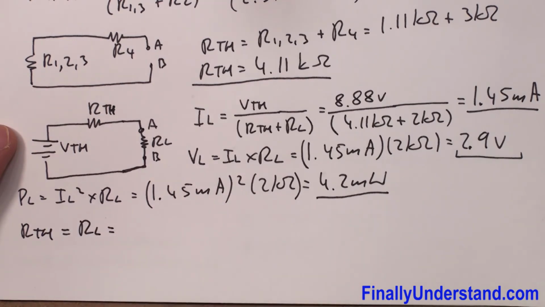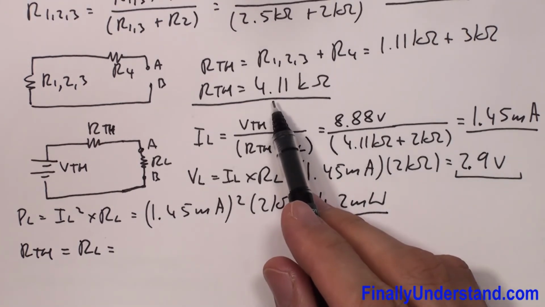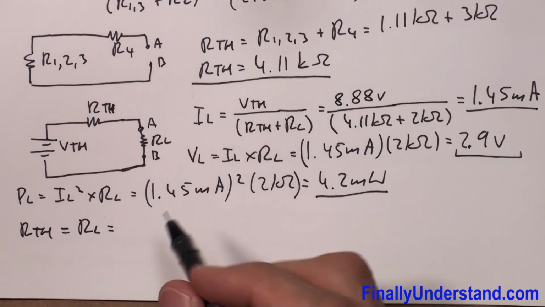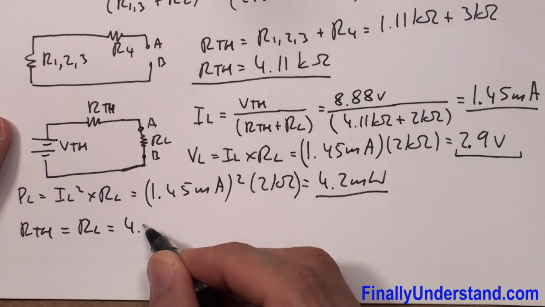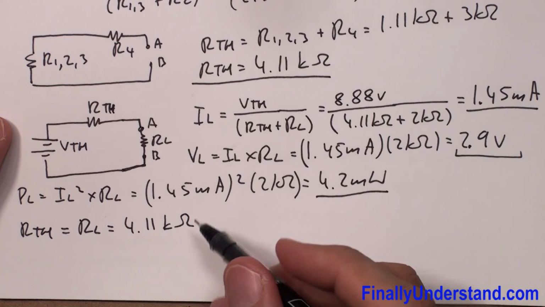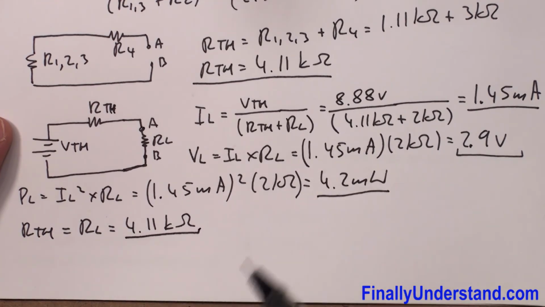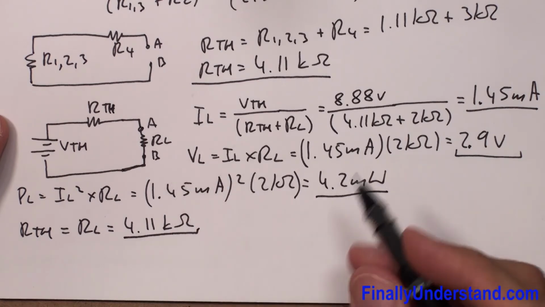In our case, RTH is equal to 4.11 kilo ohms. So your new value of RL is 4.11 kilo ohms. This is the value of resistance in order to get the maximum power.